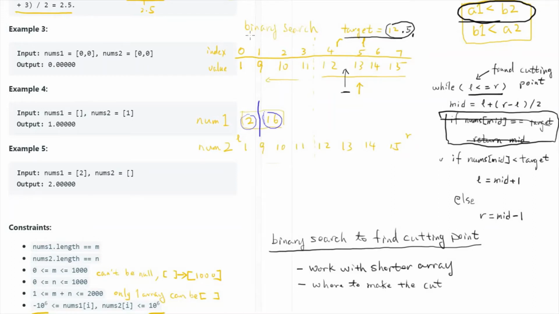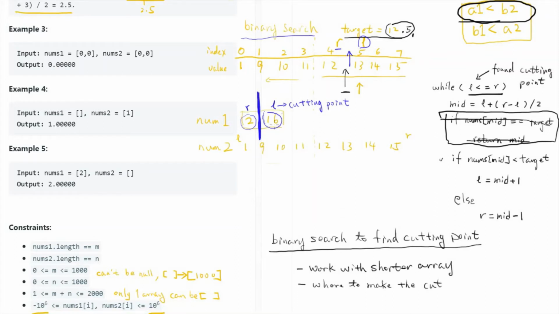Remember, when we discussed the binary search to find a target value, we noticed that when the while loop ends, the left boundary is on the right side of the right boundary, and the answer lies between R and L. So in our algorithm, we want our cutting point equal to L. And we'll cut on the left side of the cutting point.